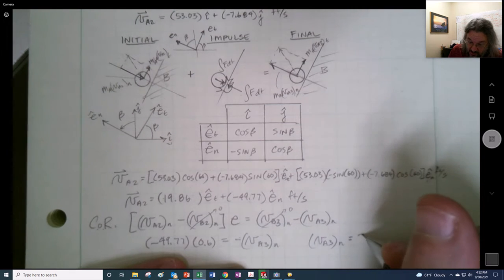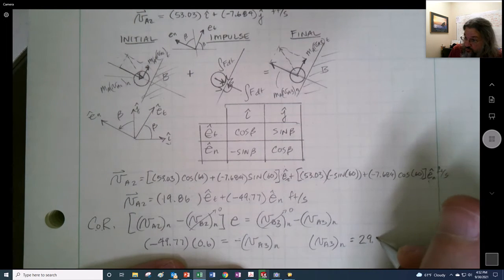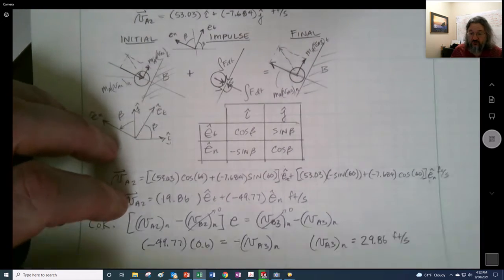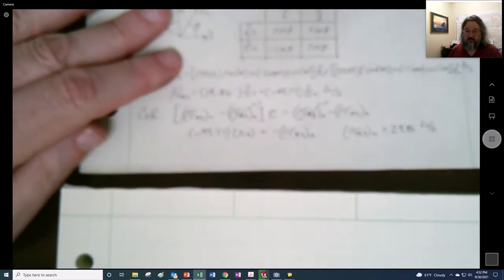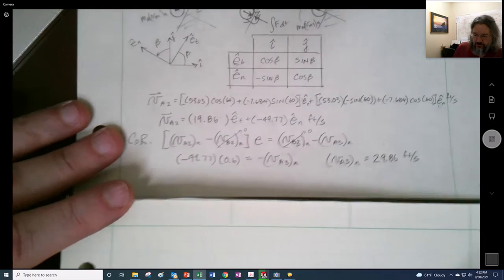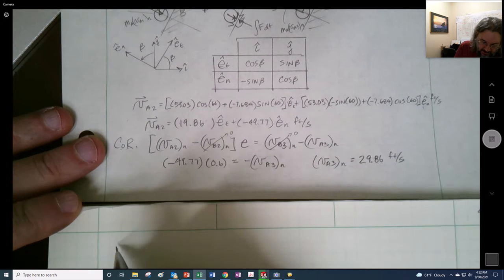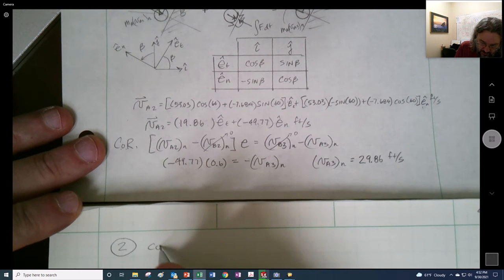I believe that, and it turns out to be 29.86 feet per second. Ready for a new page. Pumping out all of that good engineering paper.